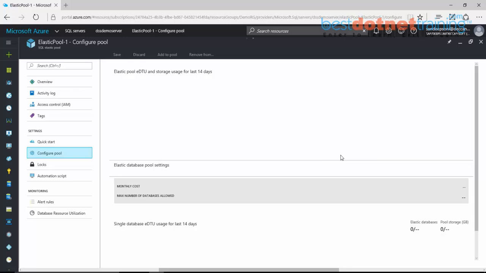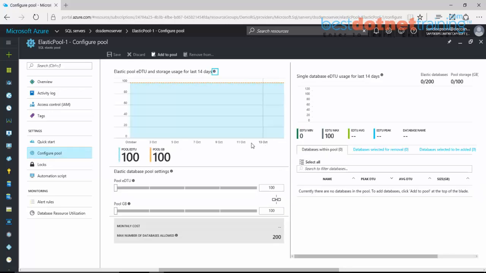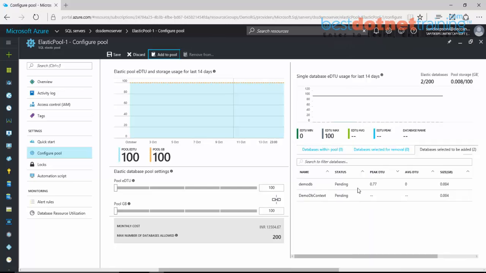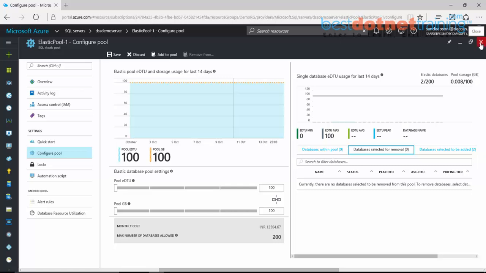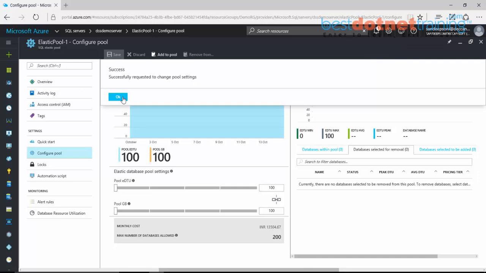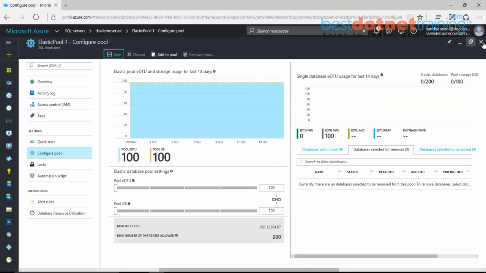Go to configure pool, add to pool, and you can choose. I can say both the databases are part of my pool. So, databases within the pool, which I need to refresh again, save it. Successfully saved.